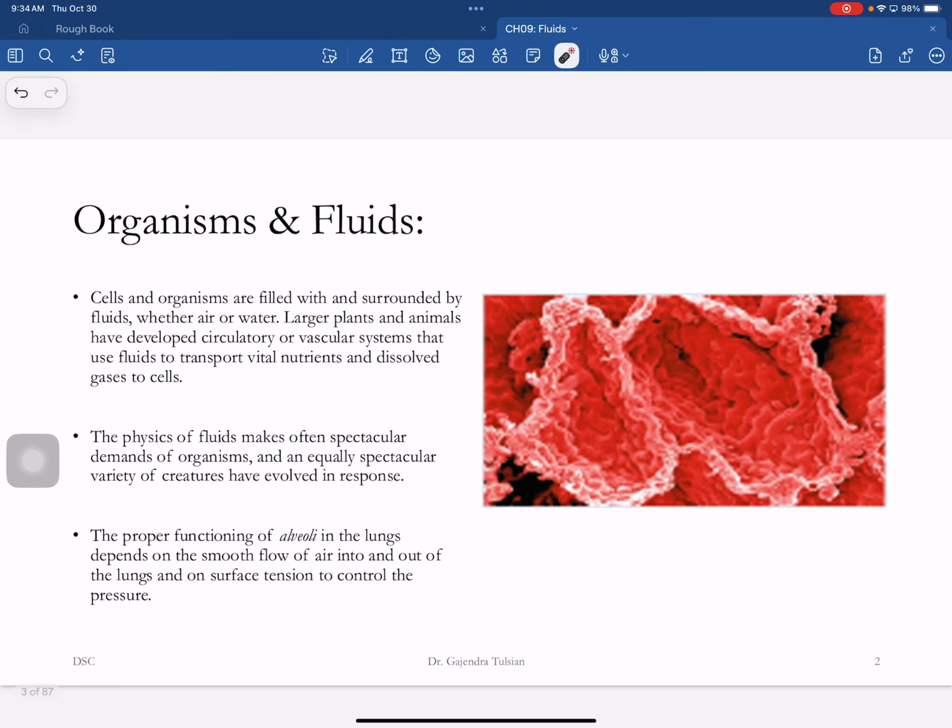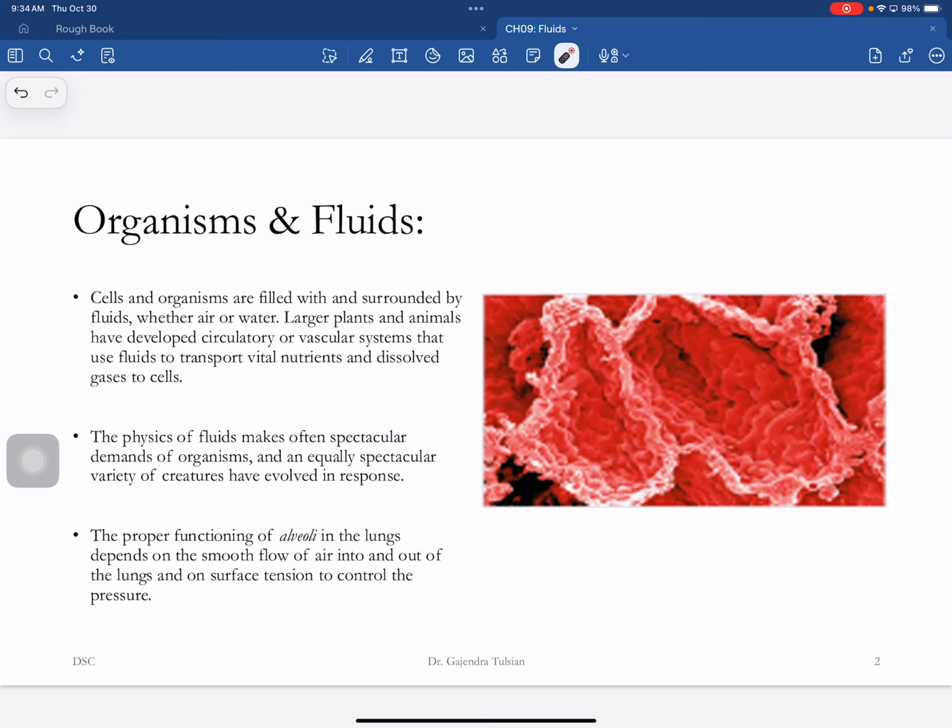Cells and organisms are filled and surrounded by fluids, whether air or water. Larger plants and animals have developed circulatory or vascular systems. Why do you have a circulatory system? Why do you have blood?